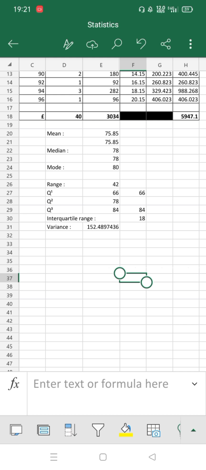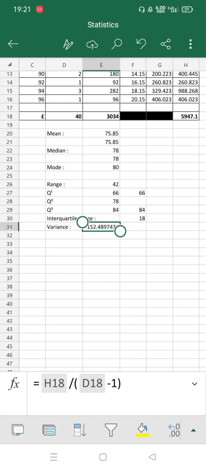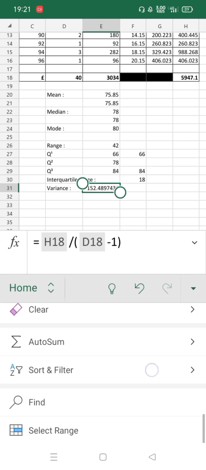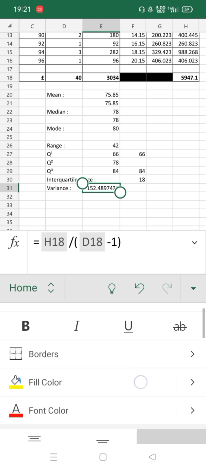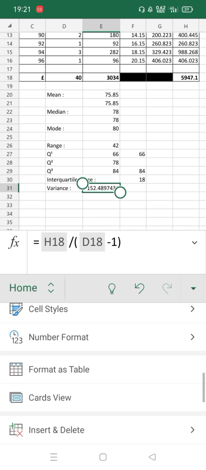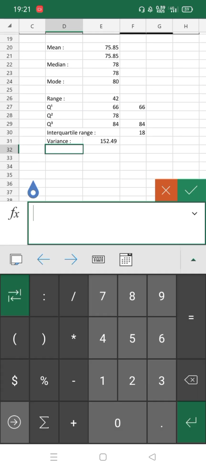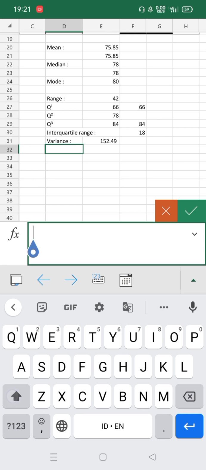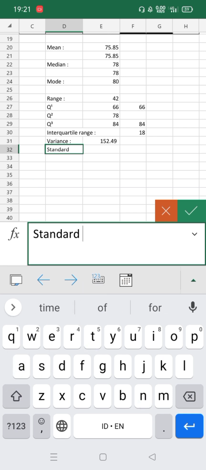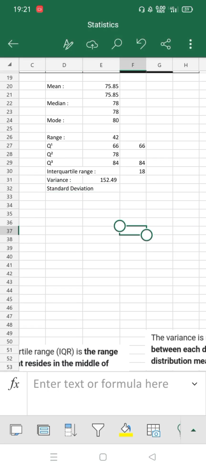You have the variance of 152.4449. If the number is too long, go to the number format and keep two numbers behind the comma. Okay, and the last thing we have to look for is the standard deviation.